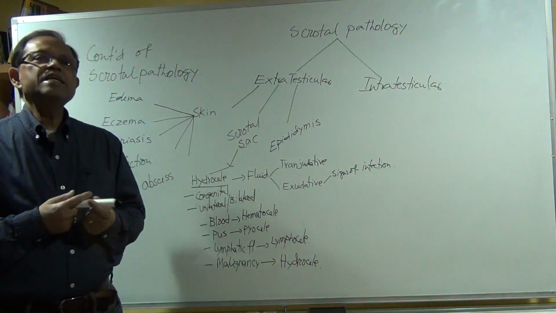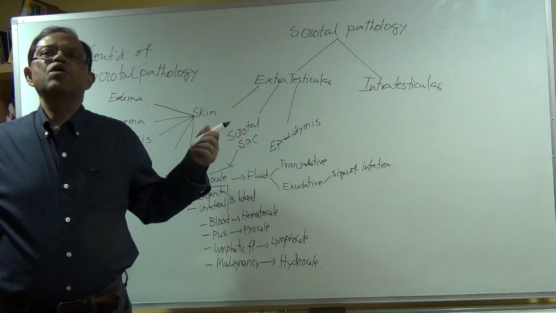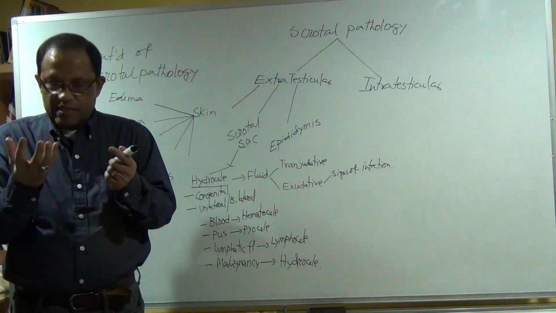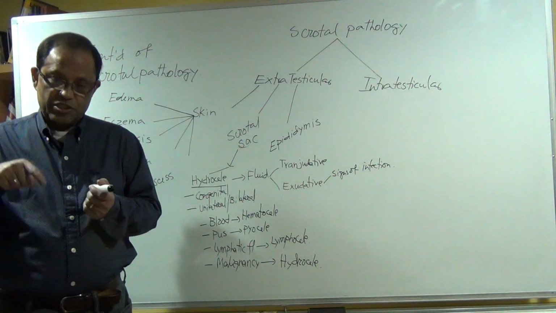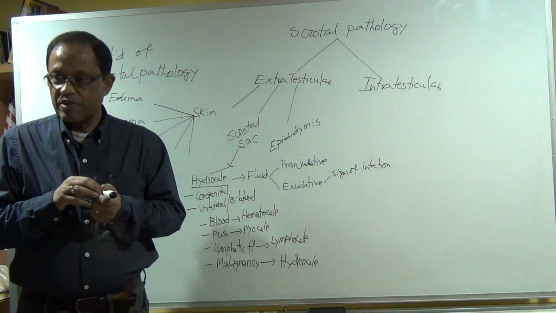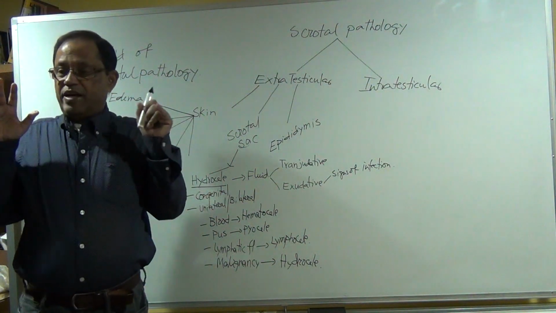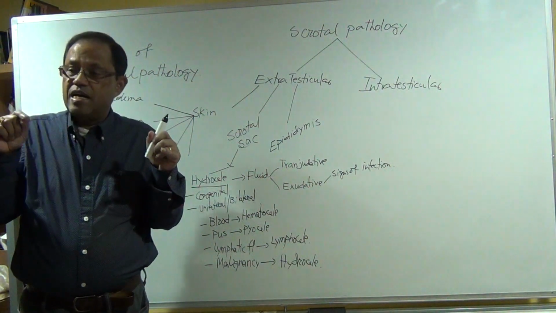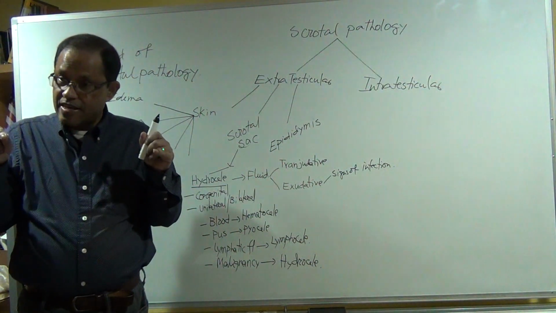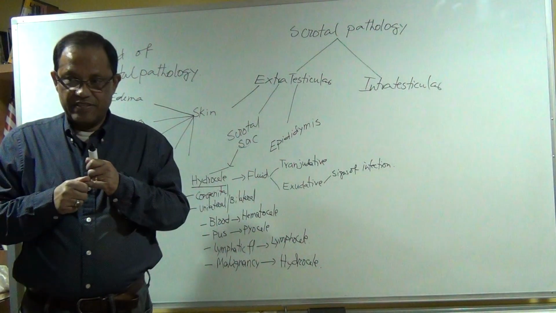So you will see there might be a small fluid collection, or the whole scrotal sac is filled with fluid. Then you will see the testicle is bright, clean or clearly seen, but the background is dark. That's why you can see everything, even the appendix testis and appendix epididymis. You can see that too.